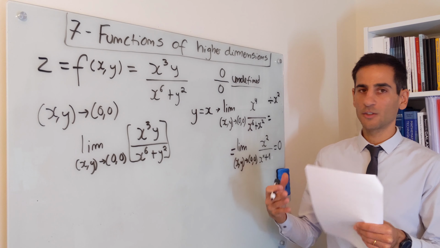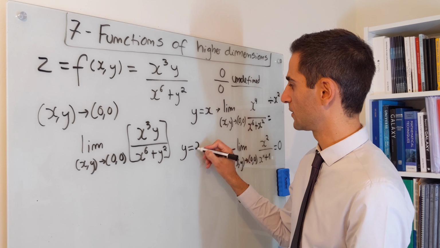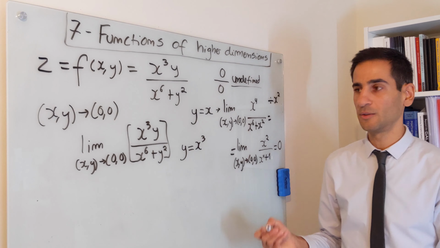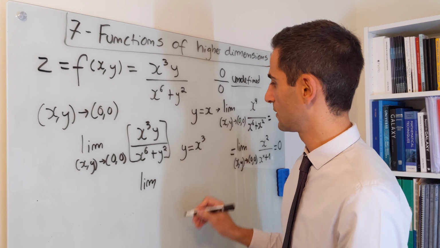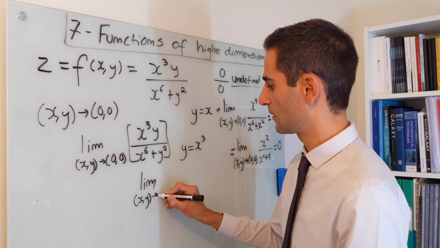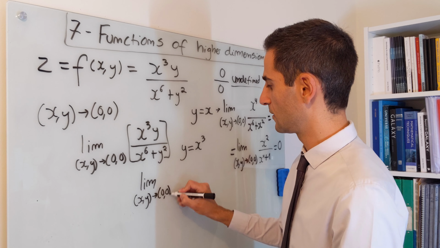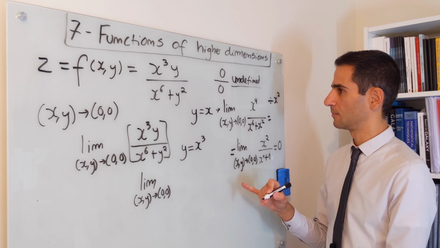when you approach (0, 0) along y equals x. So what you do next is you take another path, say y equals x to the power of 3, and you repeat the same experiment. In this case, you're taking the limit when (x, y) goes to (0, 0), and when you have a y, you replace it by x to the power of 3.